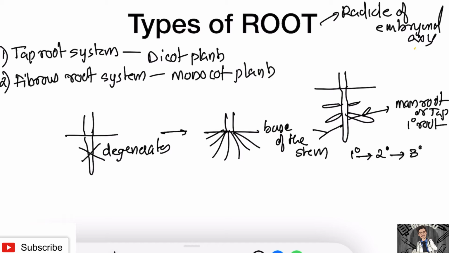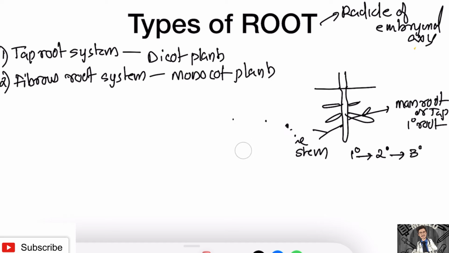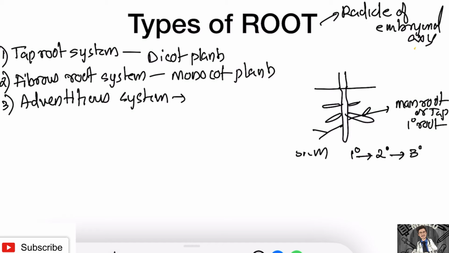So as you are clear with the taproot and fibrous root system, now let us learn what is adventitious root system. So, if the root develops from anywhere apart from the radicle of the embryonal axis from which it's actually meant to arise, then it's known as adventitious root system, not from radicle. So suppose it develops from the lower nodes of stem.